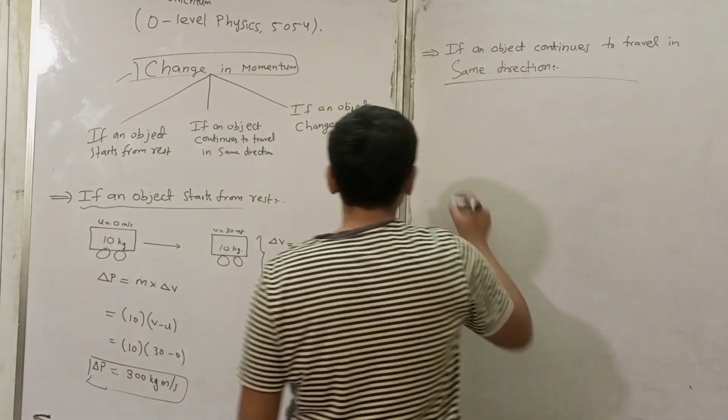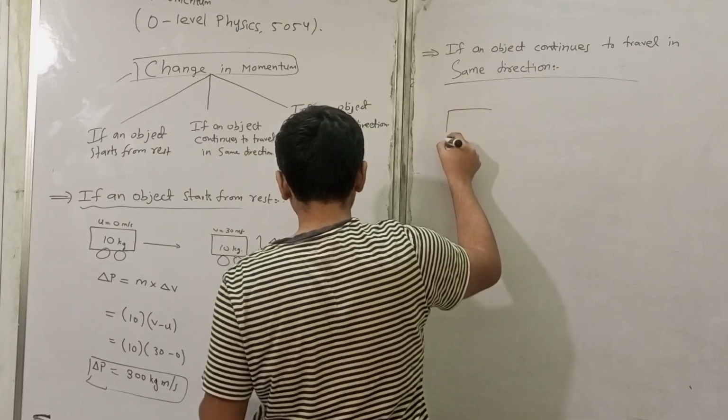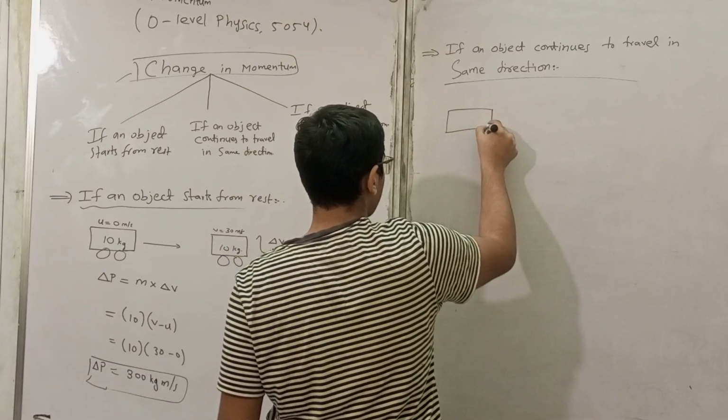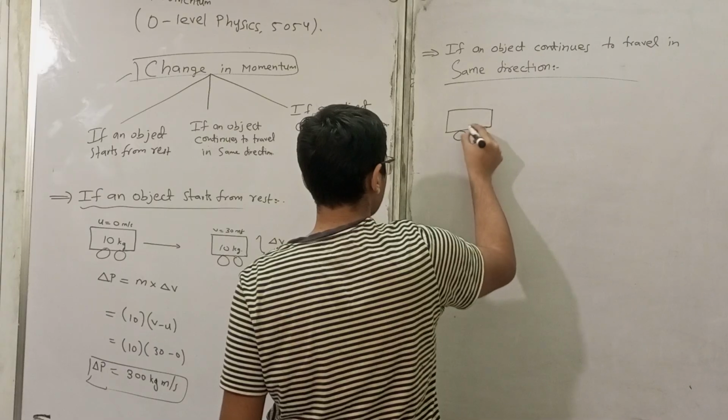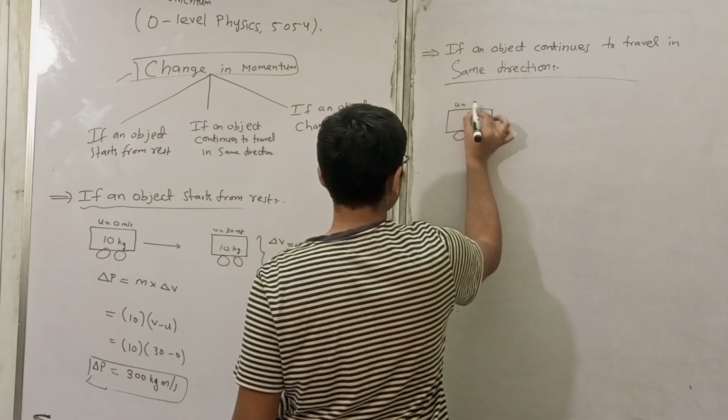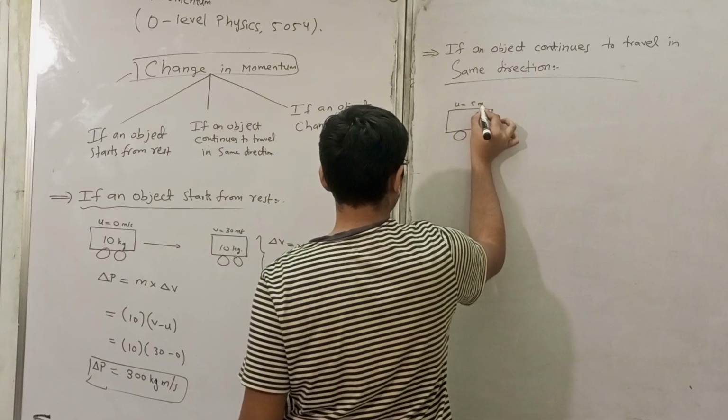So now if we look, let's say we have the same car that is initially traveling at a speed of 5 meter per second.